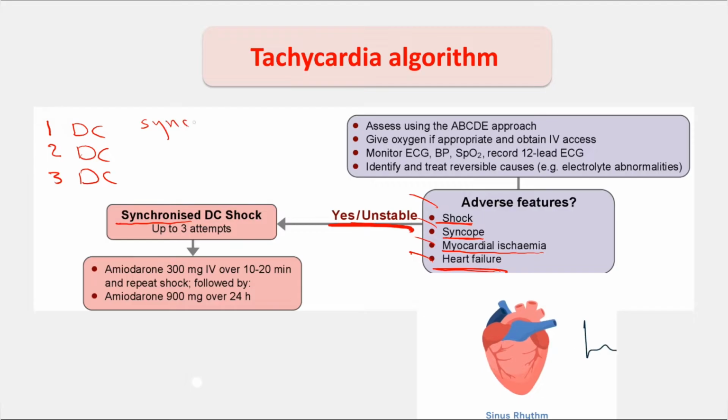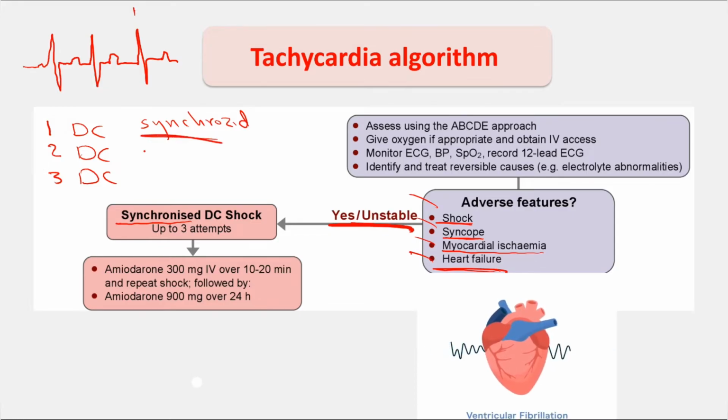What we mean by synchronized: if there is a QRS and the T wave, QRS and the T wave, QRS and the T wave, the DC machine, when you do synchronization, looks at the R interval. It only gives DC when it recognizes the QRS.